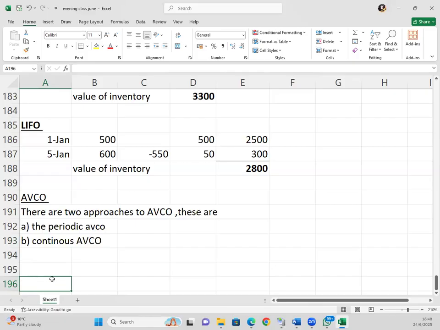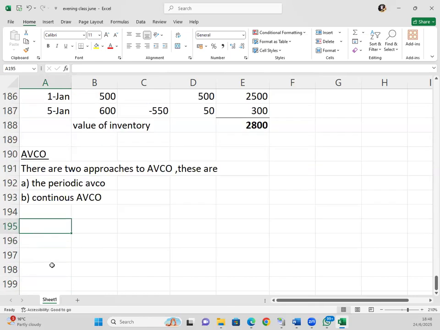Now let me come up with a question where we are going to demonstrate FIFO and AFCO, using the periodic AFCO and the continuous AFCO.